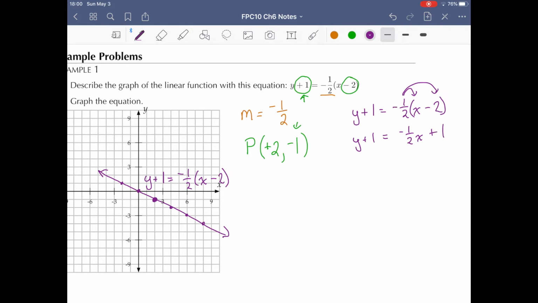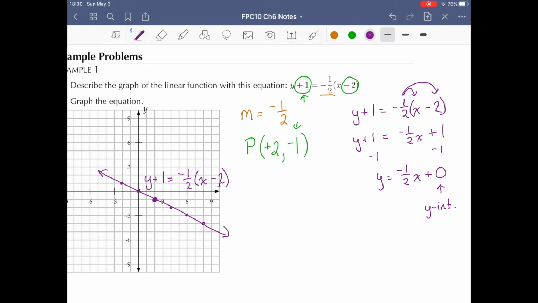Negative 1/2 times negative 2 is plus 1. Subtract 1 from both sides to get y is equal to negative 1/2 x plus 0. So here we can see our y-intercept. Right there is our y-intercept. This is also our x-intercept.